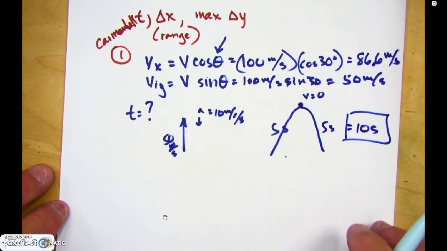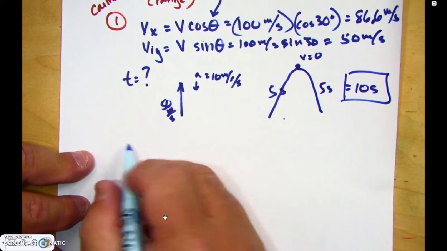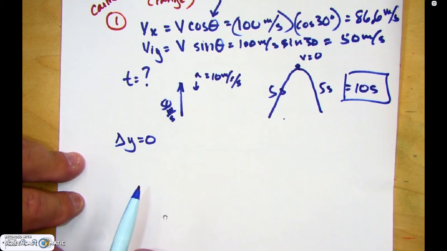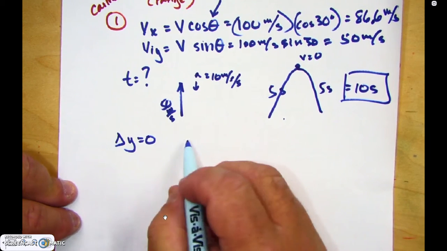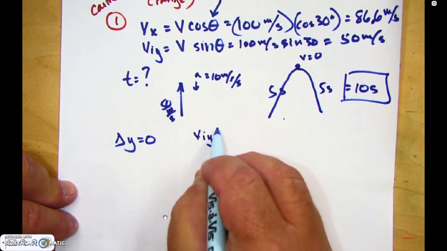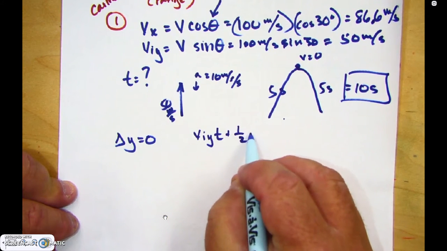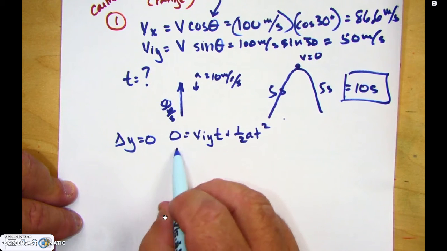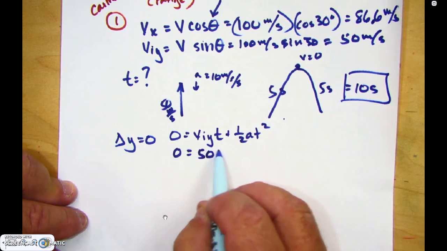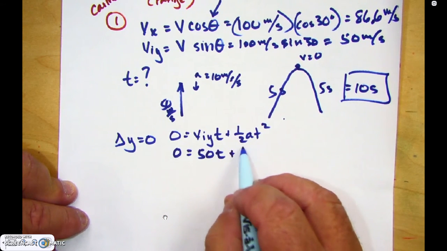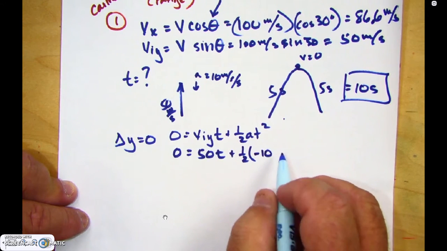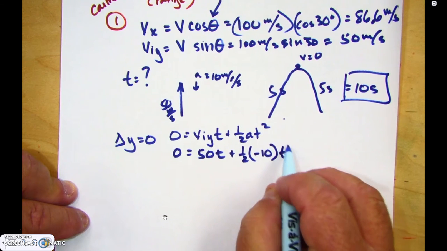Now, you can also do it mathematically. When you think about something being launched from the ground, delta y is 0 if you land back on the ground. So then I can go to the other equation, Viy times t plus 1/2 a t squared, but that's all equal to 0. So 0 equals 50 times t plus 1/2, and here's where you have to be careful, it's got to be negative 10 times t squared.